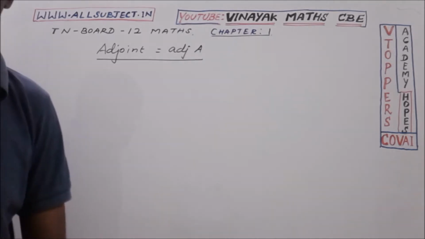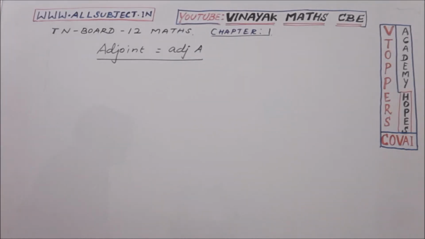We are all familiar with matrices. We have learned them in 10th standard and 11th standard too. Now we are moving to another concept, adjoint, here in 12th standard. What is meant by adjoint? First, what is a matrix?